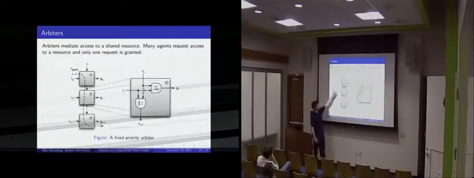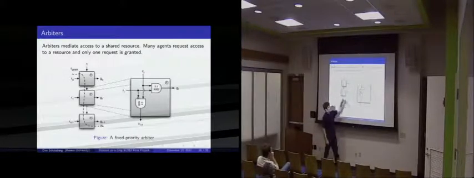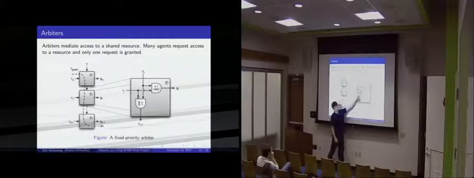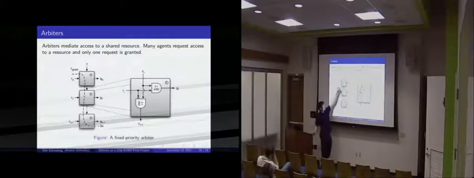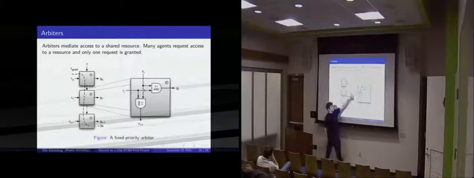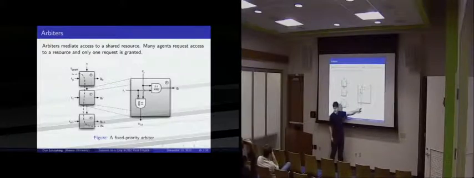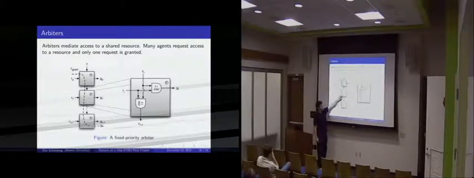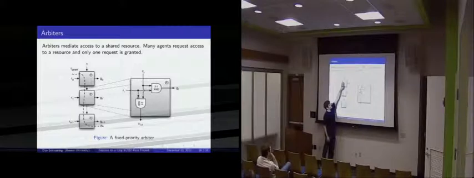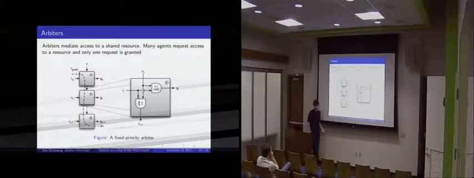N things requesting access, and I want an encoding of which one won. And the way I do this is I basically have this carry line come in. It looks a lot like an adder, actually. So if R0 is requesting, because the 1 came in here, I grant access to it, and no one else gets a carry down. And so if anyone was granted access above, then all the things below cannot possibly win.